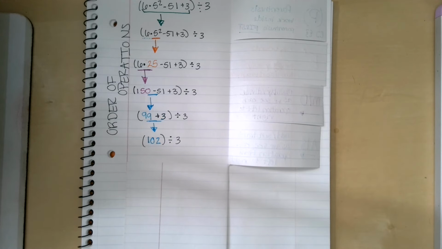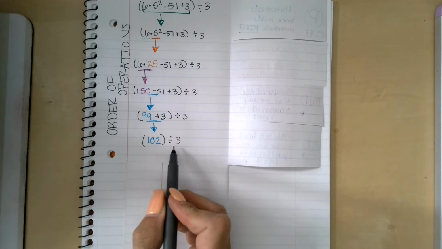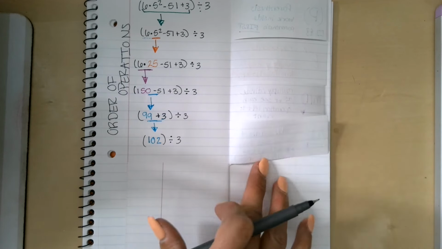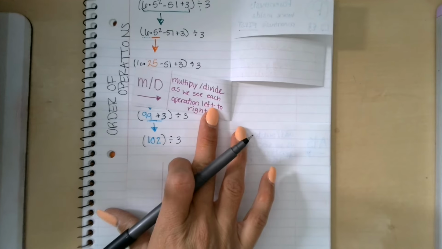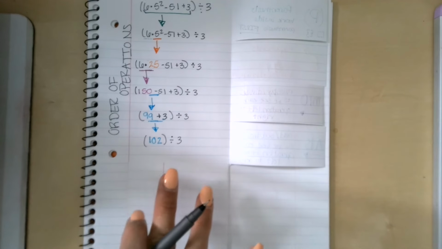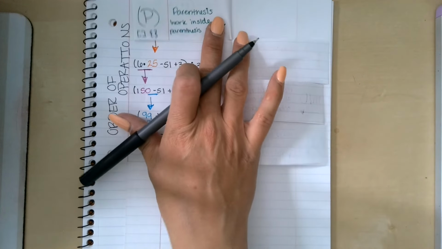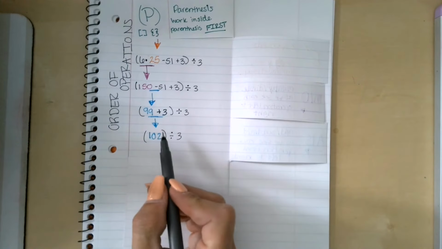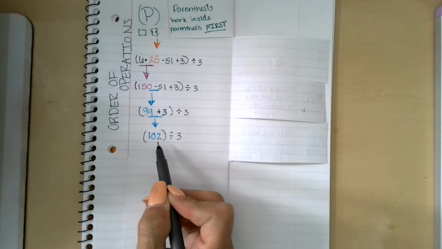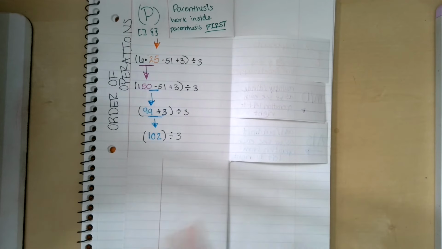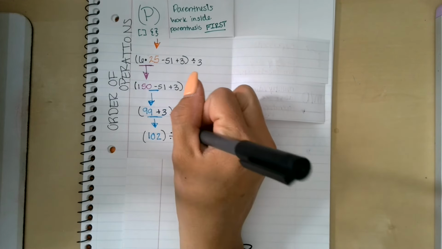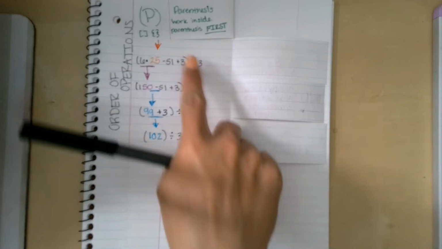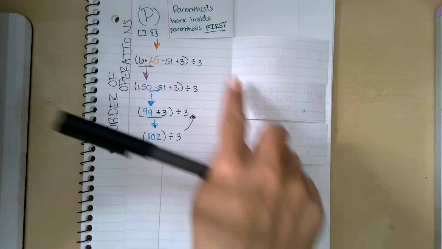Sorry, guys. So I have 102 divided by 3, and now even though I had division earlier in the list, I can finally do that because I go back and say, did I solve everything in parentheses first? Well, if I check, is there anything left to do in the parentheses? No, there's not. So now I can go back up to this step, and we start back at the list. All right, we've taken care of what's in the parentheses.